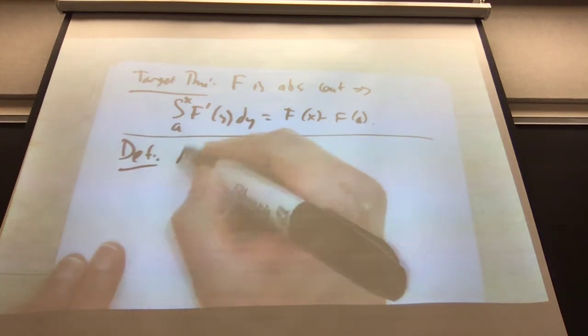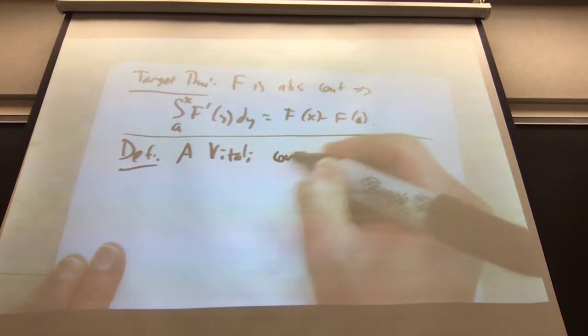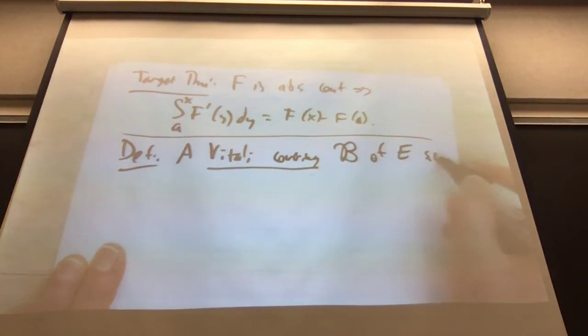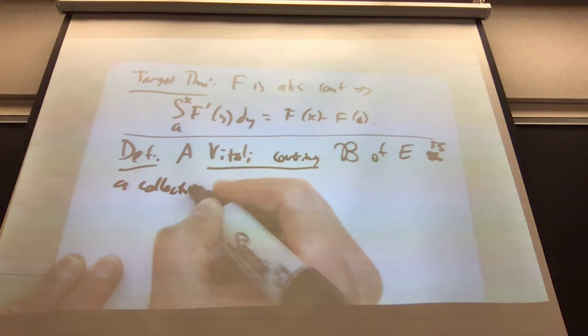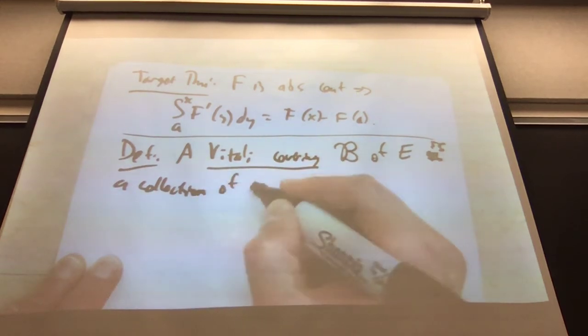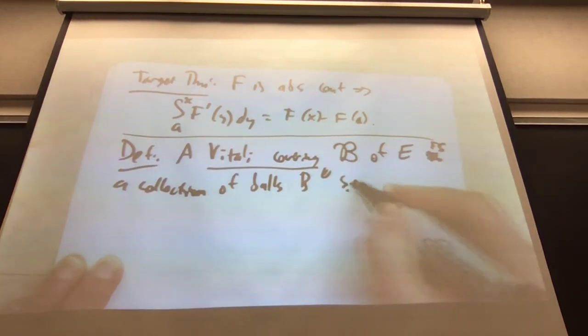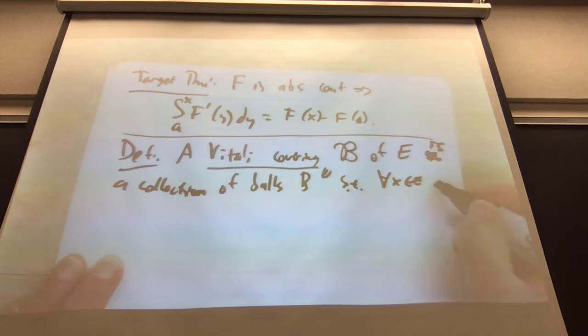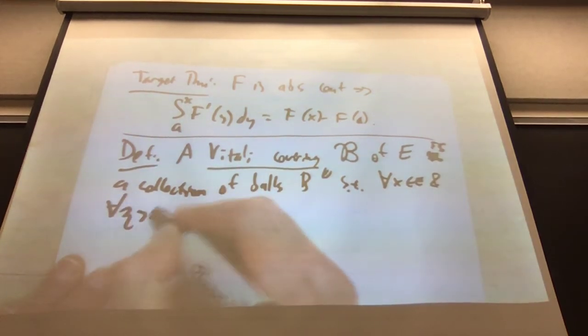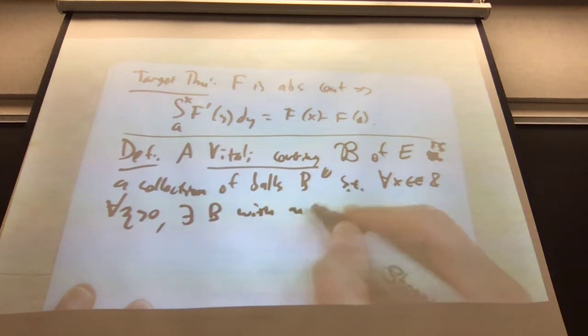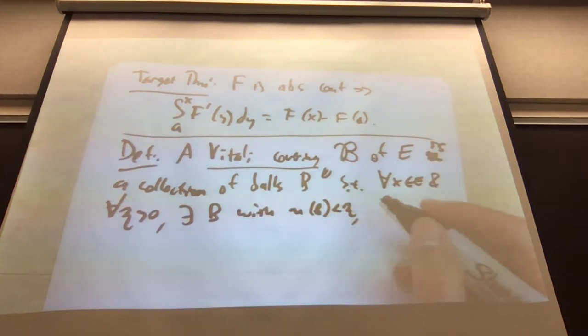A Vitali covering of E is a collection of balls B such that for every x in E and for every positive eta, there exists a ball with measure at most eta, which covers it.